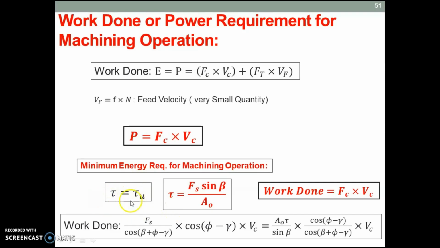And we know that by changing the shear angle you can easily change the shear stresses induced during the machining operation. So to satisfy tau equal to tau u, we need to calculate for which shear angle tau equals tau u. For that we need to calculate the optimum shear angle in the machining process.